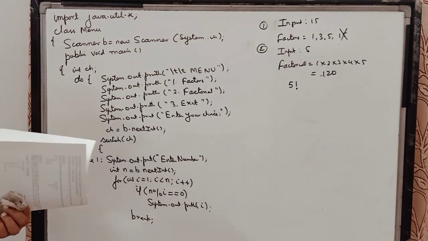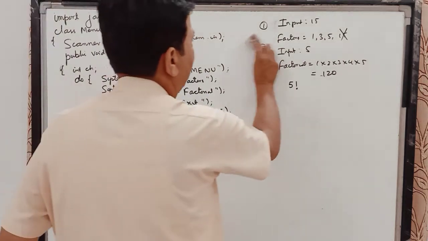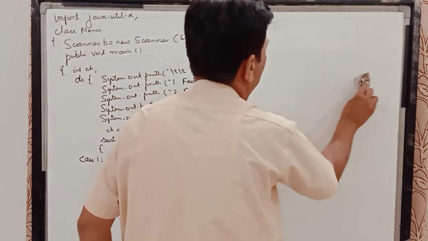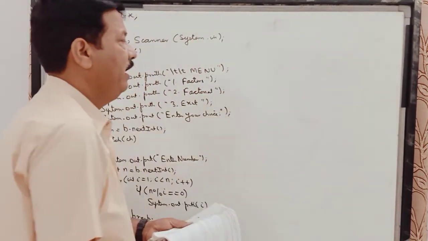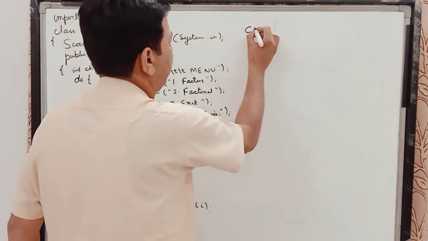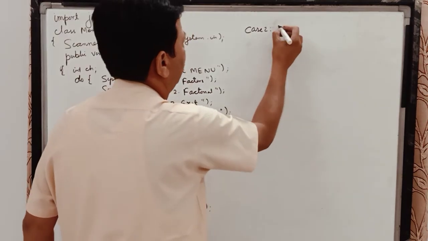And second program is to find the factorial of a number which is input by the user. So factorial, we all know that it is 1 into 2 into 3 into that number, that is whatever the number you have entered. So case 2, I have to input a number.